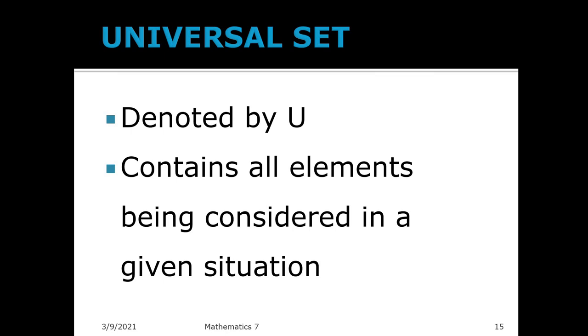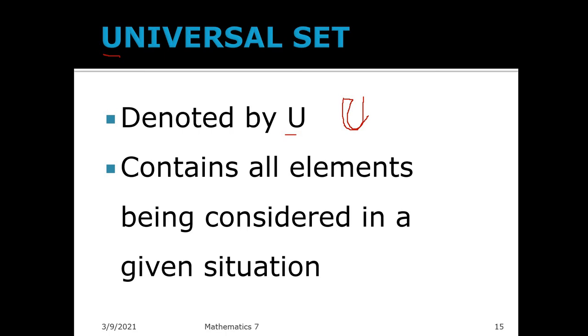Next, the universal set is denoted by the set U. Usually, in mathematics books, it's written like that. Others would even put it like that. But literally, it's just the letter U from the first letter of universal set. It contains all elements being considered in a given situation.